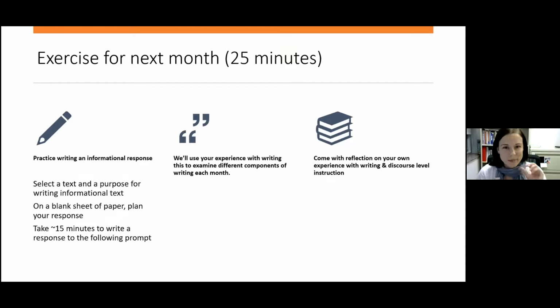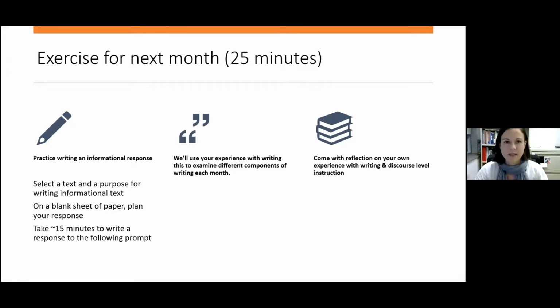Before you do that, take a blank sheet of paper and plan your response. Take just a couple minutes to jot down some notes about how you plan out your response, and then write your response. As you're doing this exercise, do some cognitive monitoring of the things that you're engaging in.